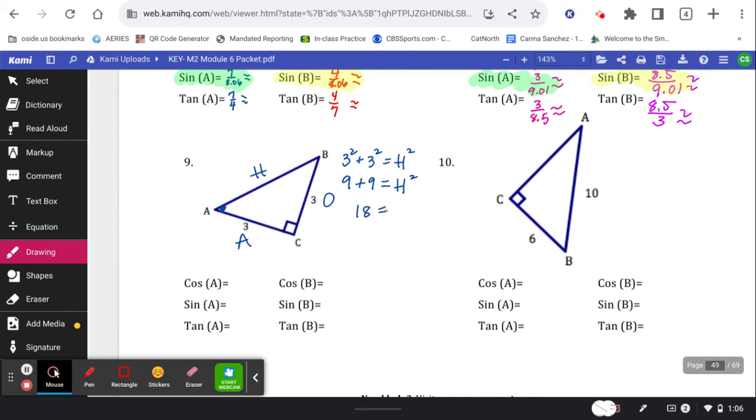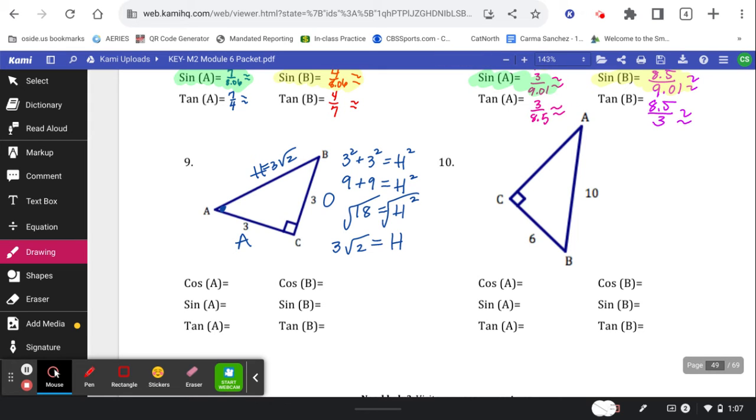So that's 18. So my hypotenuse is root 18, or 3 root 2. Now why is it 3 root 2? Because 9 times 2, the square root of 9 is just 3. The 2 stays under, the 3 comes out. Okay, so we have a 3 root 2 up there.